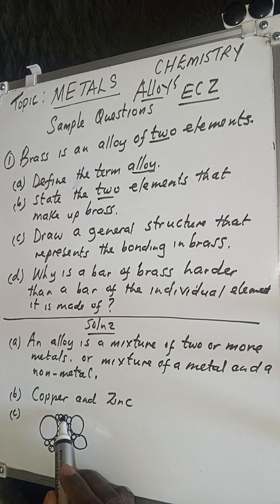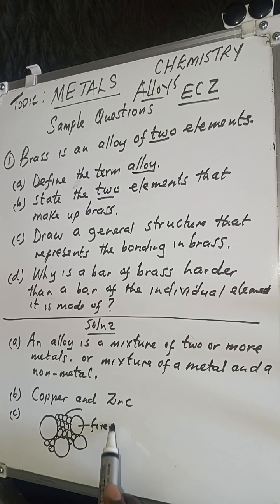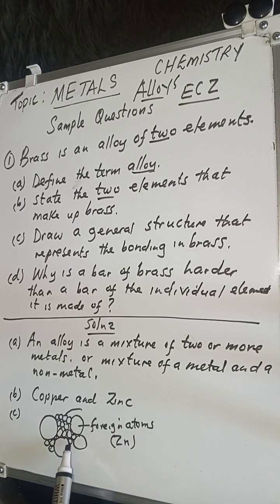But of course, maybe these are representing foreign atoms. Maybe one can represent zinc, and the little ones can represent copper, because you're going to find that copper is a lot.